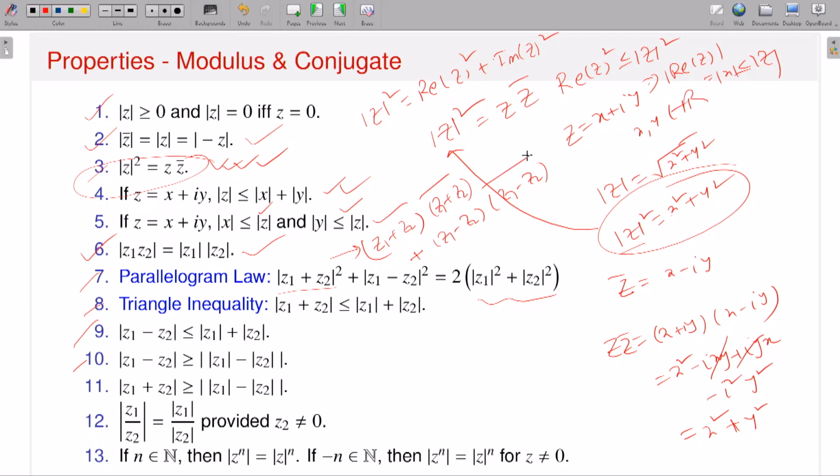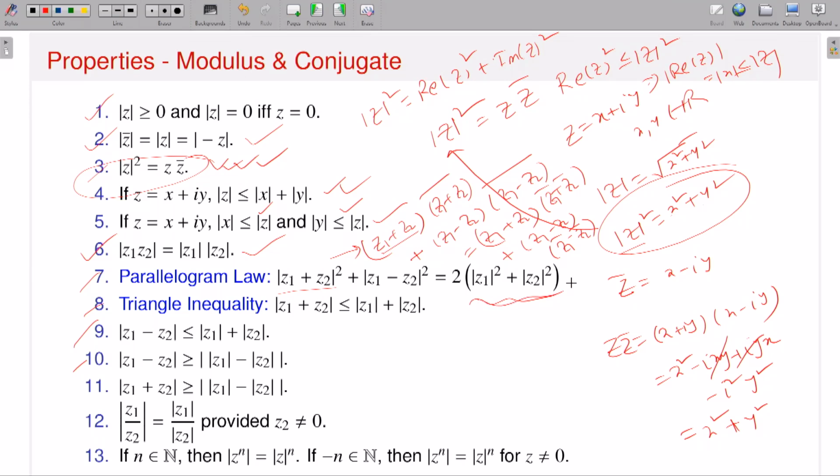Now z1 plus z2 whole bar, but the bar will distribute, so this is the same as z1 plus z2 times z1 bar plus z2 bar, individual bars, plus z1 minus z2 times z1 bar minus z2 bar, and then just do the algebra. You'll end up with this.